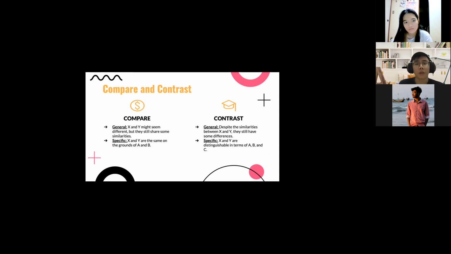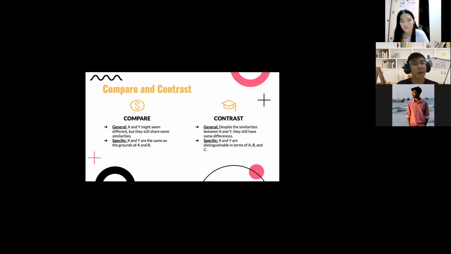So for contrasting, let's talk about contrasting for a bit. Normally there are two types of thesis statement: the general type and the specific type. In the general type, you basically just state that despite the similarities between subject A and subject B, or in this case subject X and subject Y, they still have some differences.